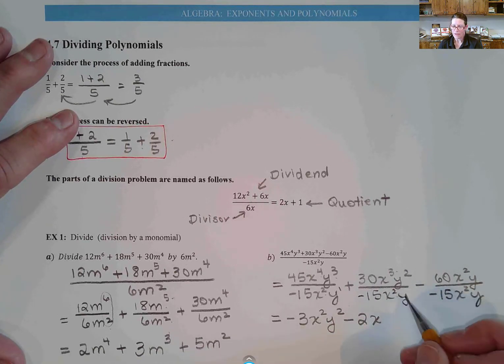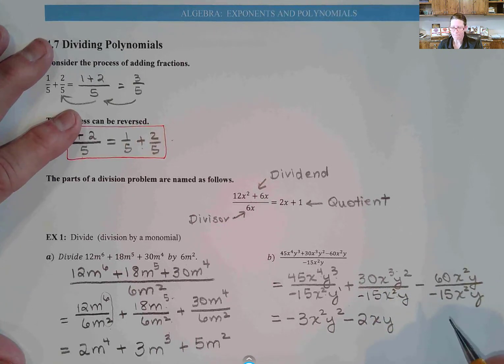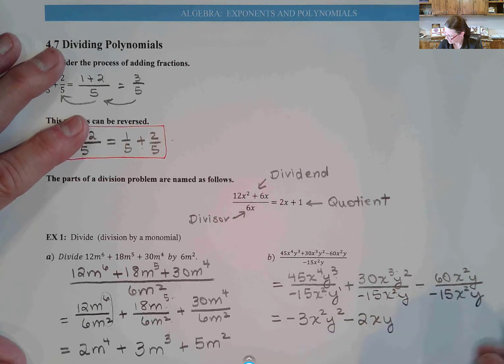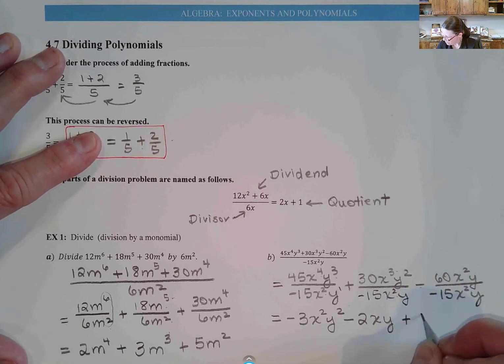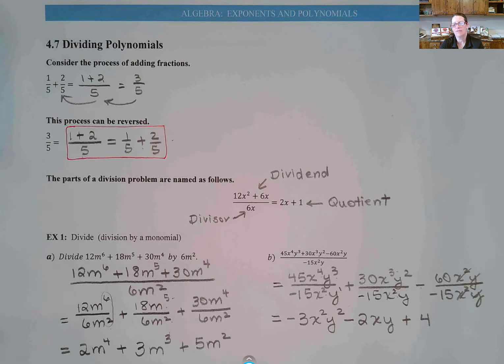And y squared divided by y is y to the first, or y. Last term, we've got a negative 60 divided by negative 15, which is positive 4. Our x squareds divide out and the y's divide out as well, so that last term is simply the number 4.